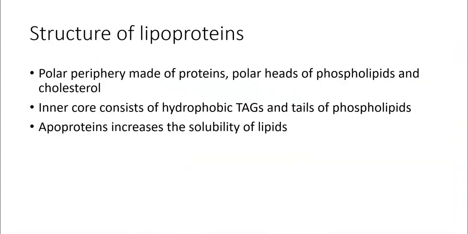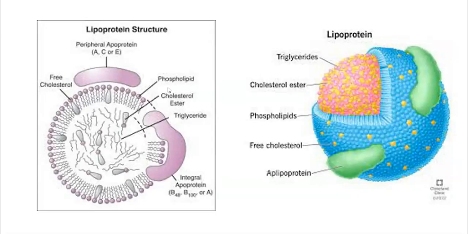So structure of lipoprotein: polar periphery made up of proteins, polar head of phospholipids and cholesterol. Once again we can see this picture: phospholipids and cholesterol and apolipoprotein. These are the peripheral components: free cholesterol, apolipoprotein and phospholipid.